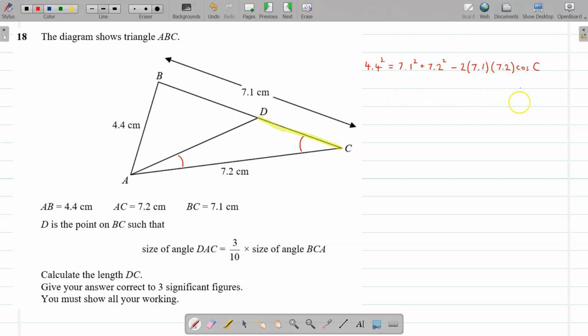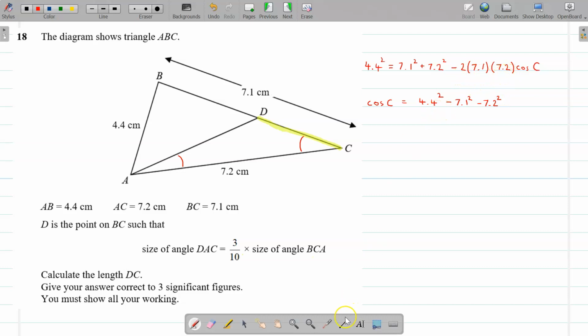Now if I rearrange that, I'll be able to work out what cos C is. So I can say that cos C is going to be, well, I need to start with the 4.4 squared, and take away the 7.1 squared and the 7.2 squared, which will just leave me with this part here.